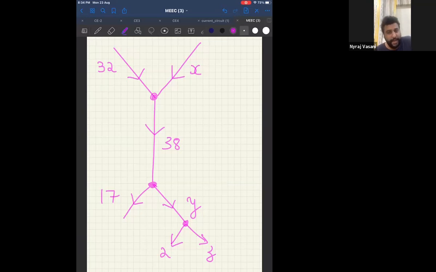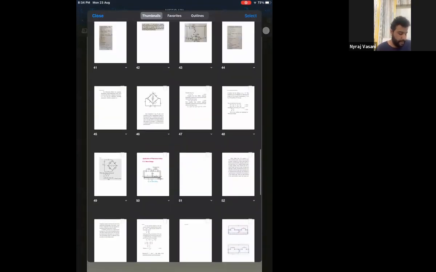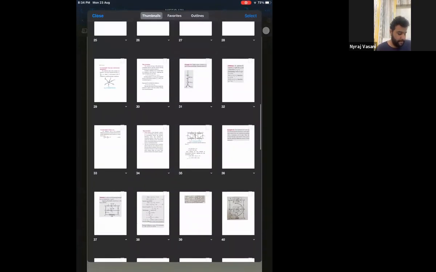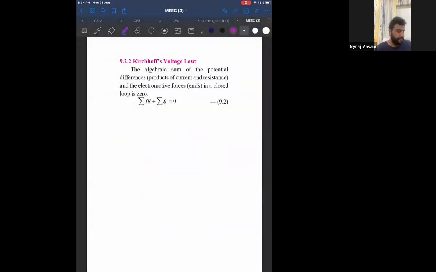Now tell me, how many voltages are there in a circuit? Think about it. See here. If I draw one random circuit, the most general circuit, please look at the screen. Can I say this is one circuit? Now tell me how many voltages are there in this circuit?